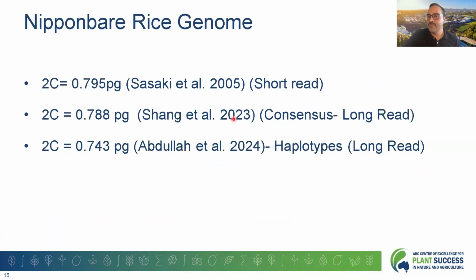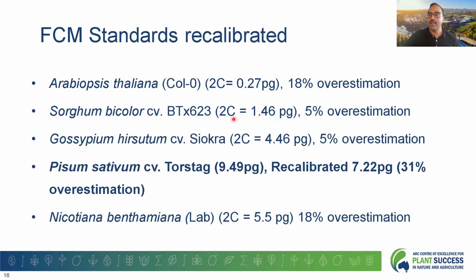So we have used these three values of Nipponbare rice, and we calibrated 5 different internal standards here: Arabidopsis thaliana, then Sorghum bicolor, particular cultivar BTx623, which is sequenced, Gossypium cotton, and P, the Torsay cultivar, which was used in the 2015 study for Proteaceae genome size estimation, and then we have Nicotiana as well.